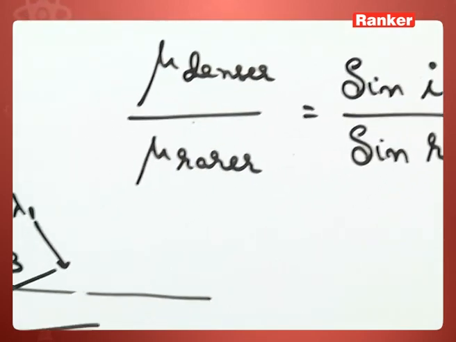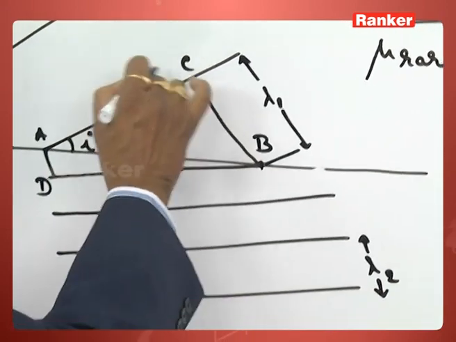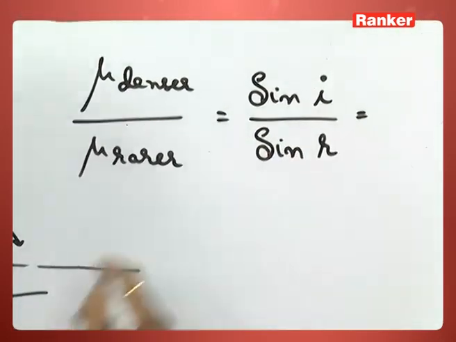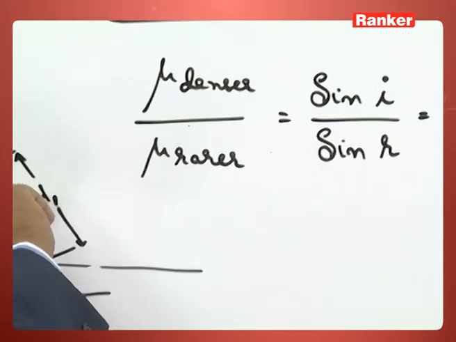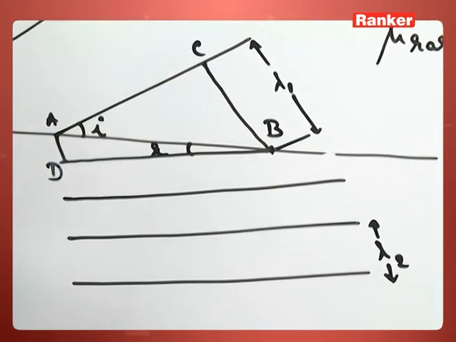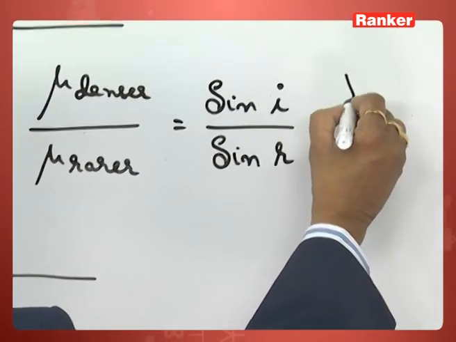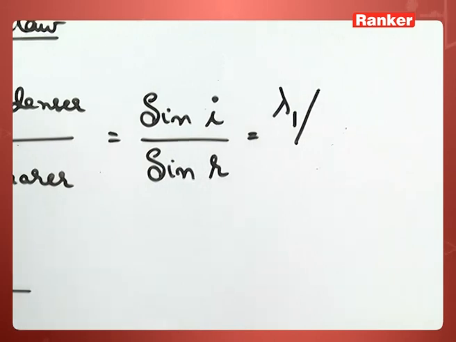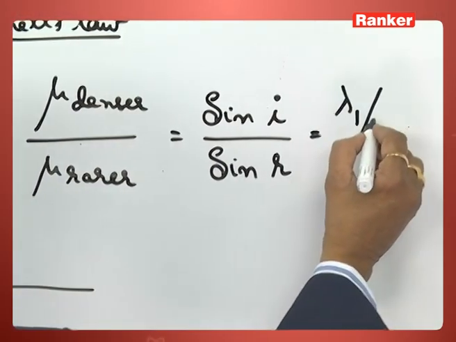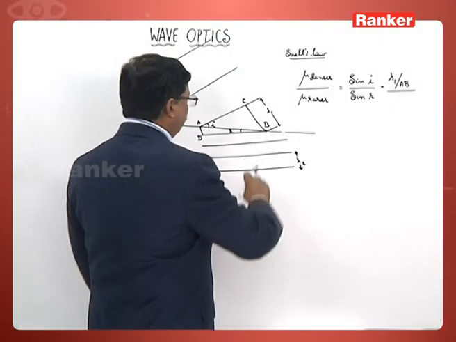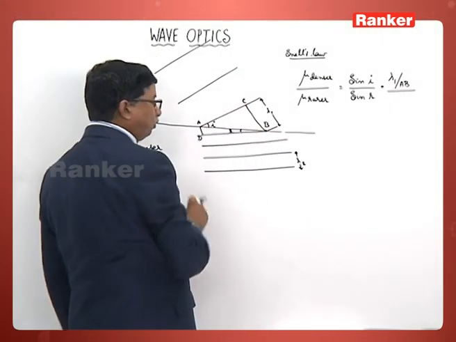Now just look at this triangle ABC. What is the value of this sin i? It is opposite by hypotenuse. The opposite side is BC, which can be written as lambda 1, divided by the hypotenuse of the triangle, AB. So opposite side by hypotenuse, that is sin i.